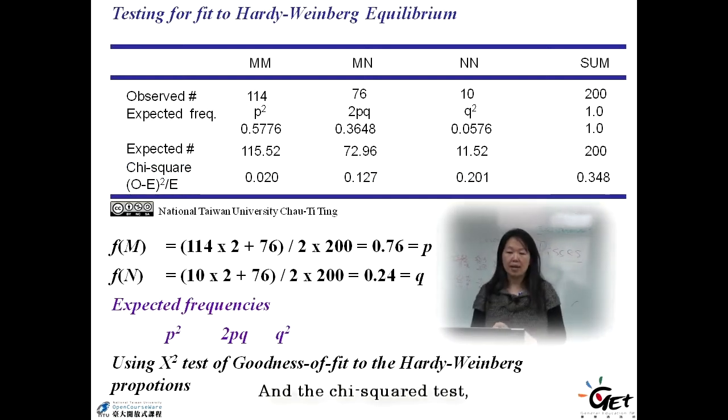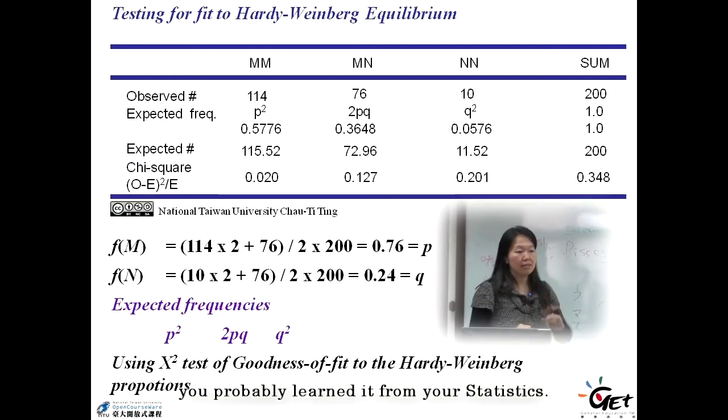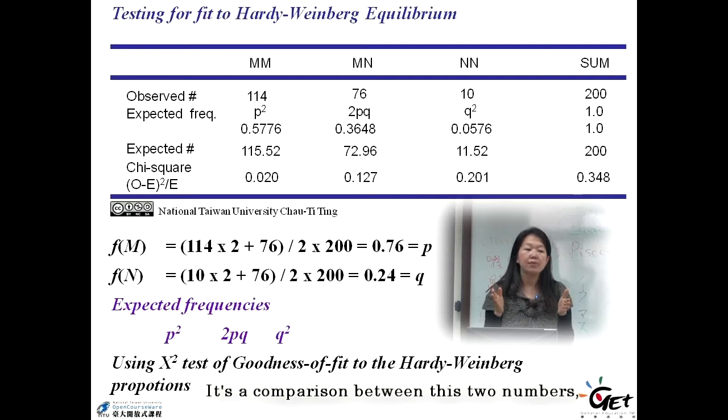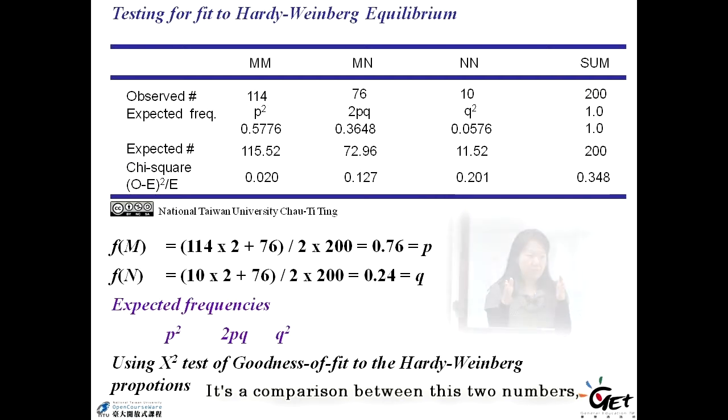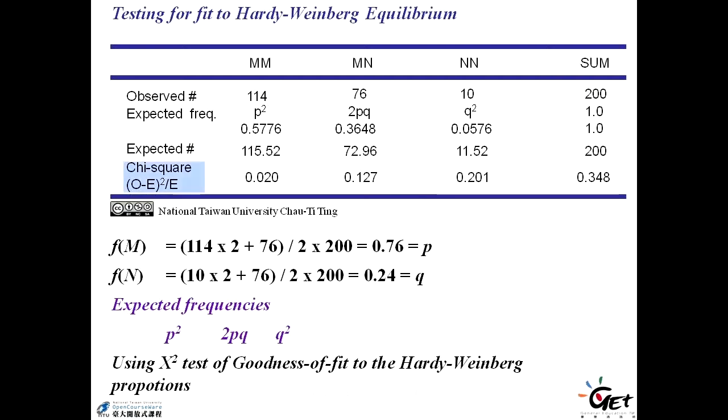And the chi-square test, as you probably learned from your statistics, is a comparison between these two numbers. You look at the differences between the two numbers, square it, and divide it by the expected numbers. So everything is in numbers. Then that's the chi-square, and this is relatively simple.